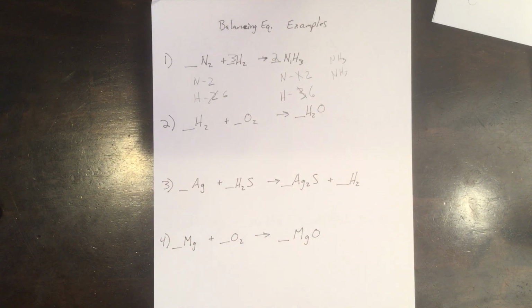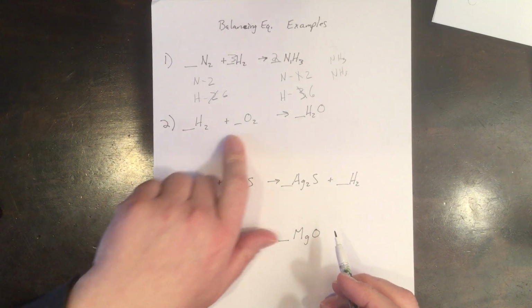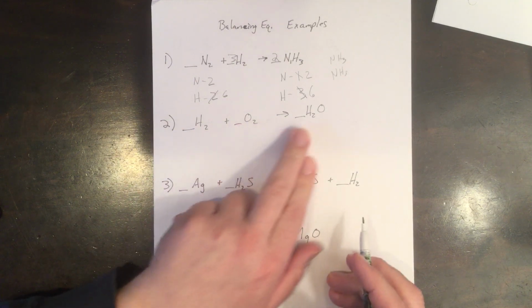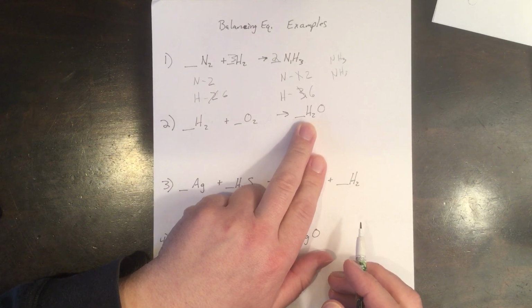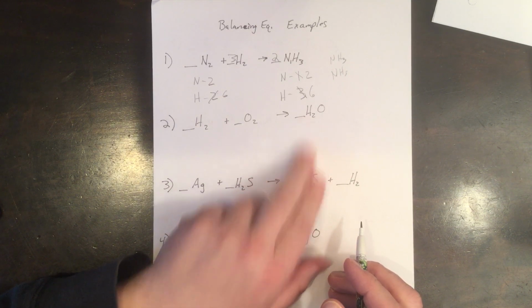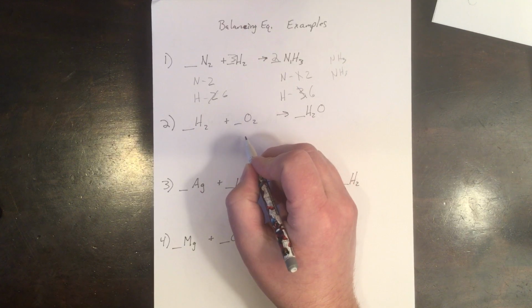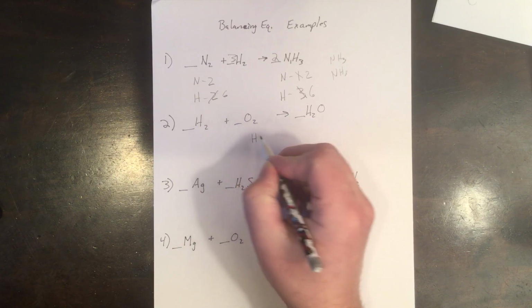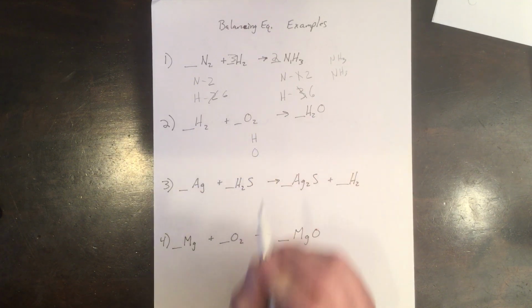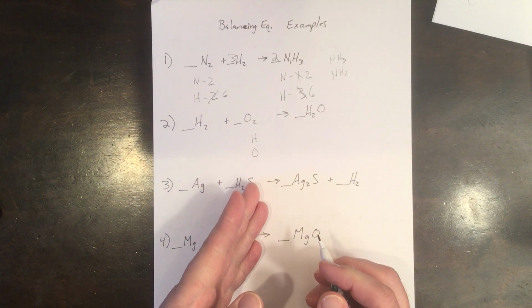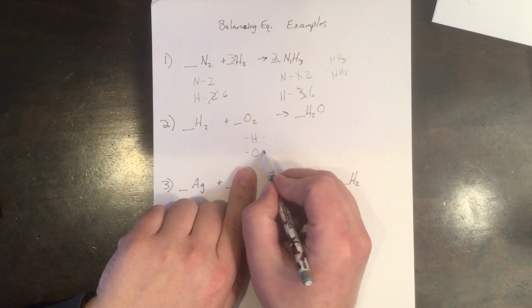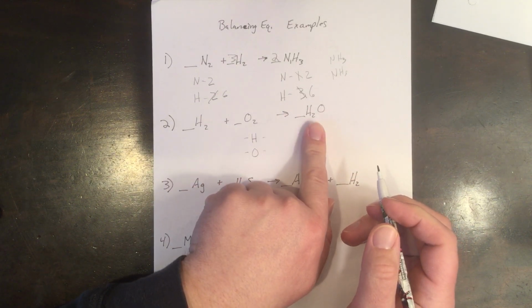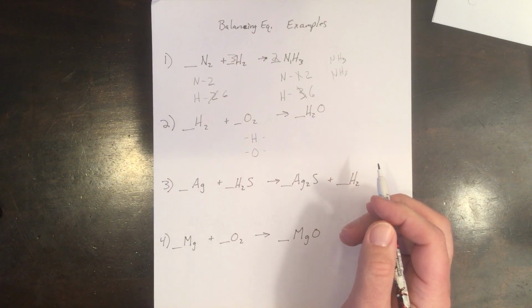Okay. Example 2. H2 and O2, that's hydrogen gas and oxygen gas, make H2O. Dihydrogen monoxide, but it's just water, right? So in some other classes, they simply write what you have right down the middle. On the left-hand side, they put the reactants, and on the right-hand side, they put the products.